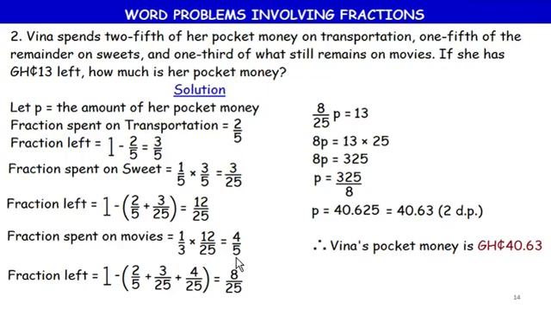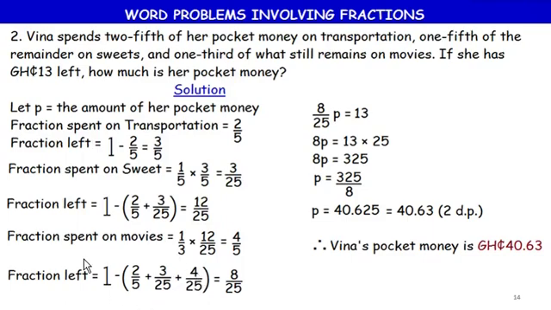Oh, sorry, there was a little typing error here. It's supposed to be 4/25, but then we have it here to be correct. So the fraction spent on movies is 4/25. So please take note, it is 4/25.